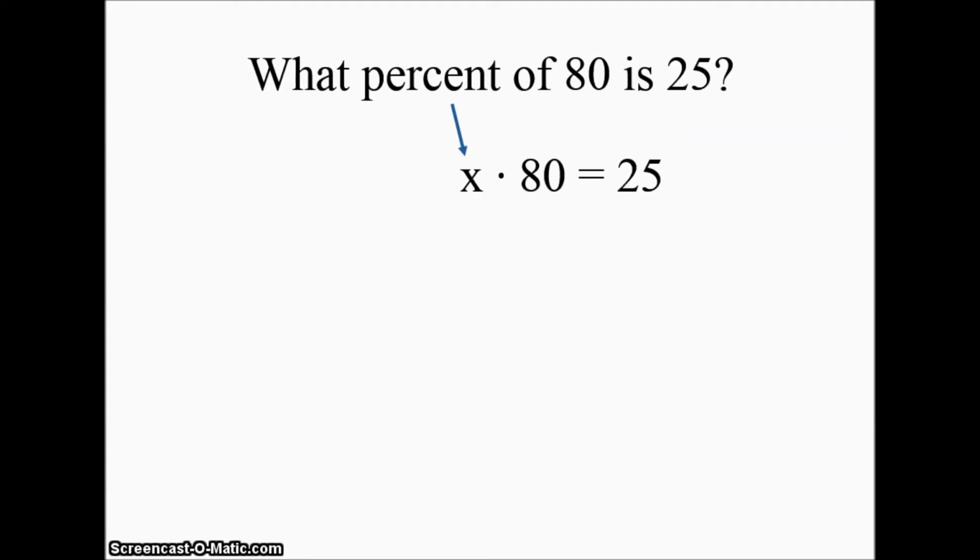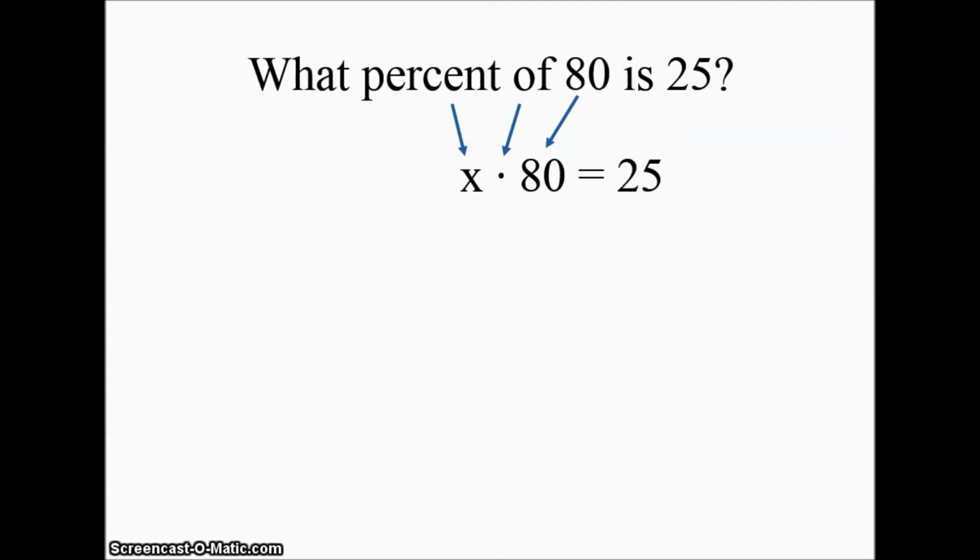The percent, which I don't know, can be multiplied by 80. Remember we talked earlier that of can also mean percent? Well, let's use of to mean multiply. So what percent, some percent, multiplying 80, is 25.